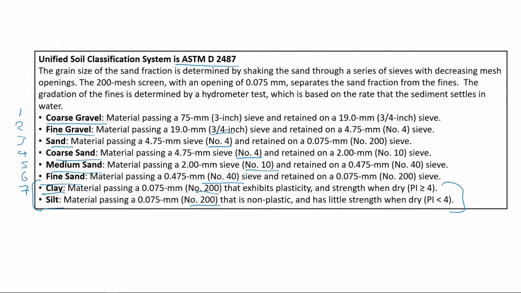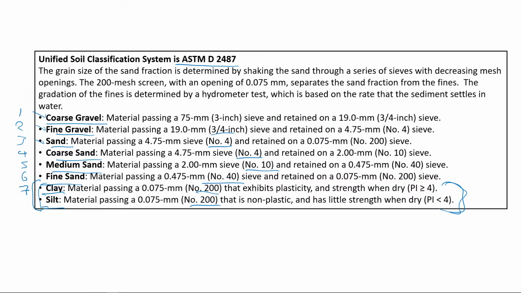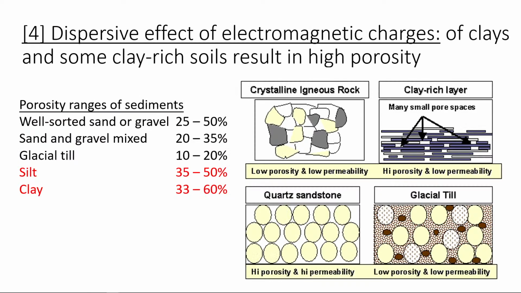So sieve and retained on: here you retain the coarse gravel, here the fine gravel, sand, and here you retain the clay and silt in sieve 200. Then you calculate the percentage of the volume, the ratios that you retained from the sieve analysis.